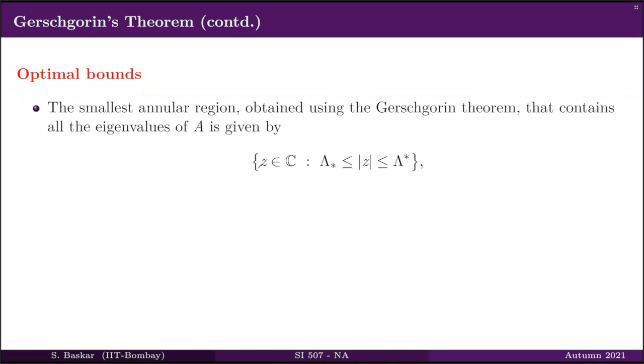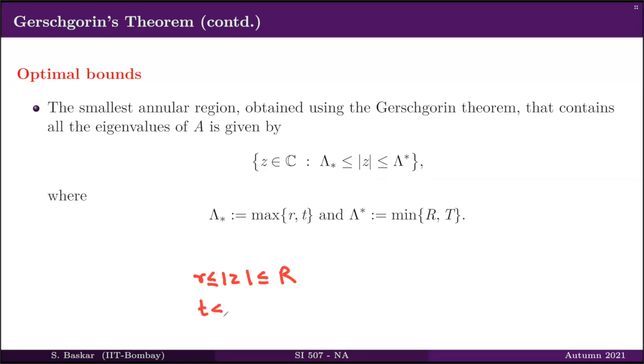Now you define the optimal or smallest annular region like this, where lambda suffix star is the maximum of R and T. Okay. So you had R less than or equal to mod Z is less than or equal to capital R, and T less than or equal to mod Z is less than or equal to capital T. These are the two annular regions where we had all our eigenvalues.